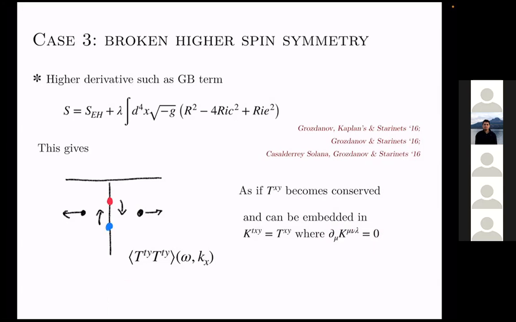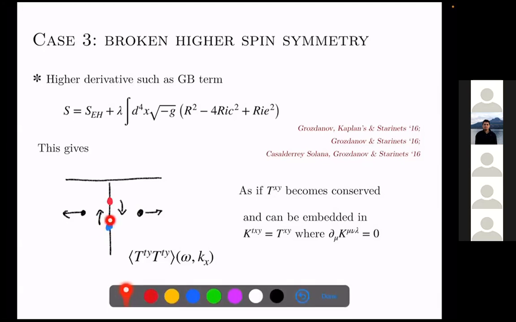In this case, it seems you can crank up high derivative terms by hand, and bring these higher spin currents back to life. Previously in Einstein gravity, this pole is nowhere to be found, but turning it on, it will come back.